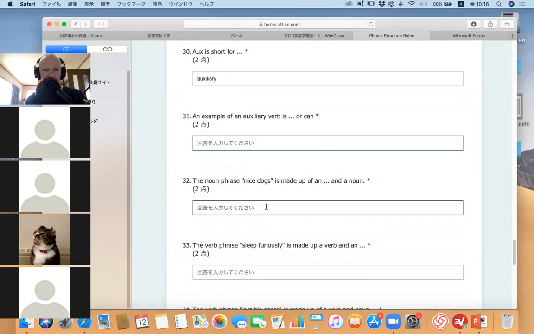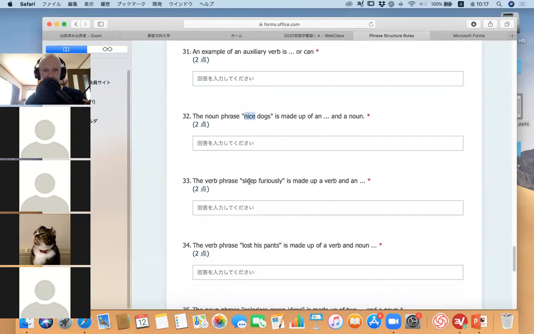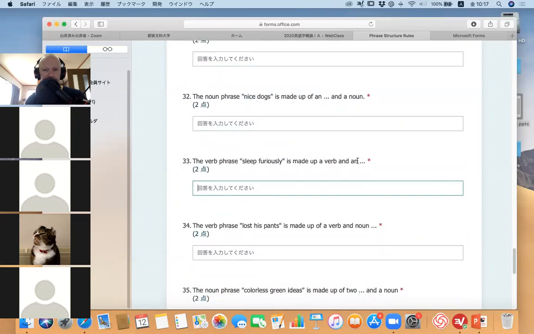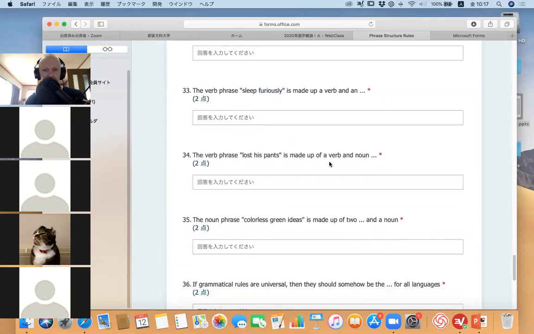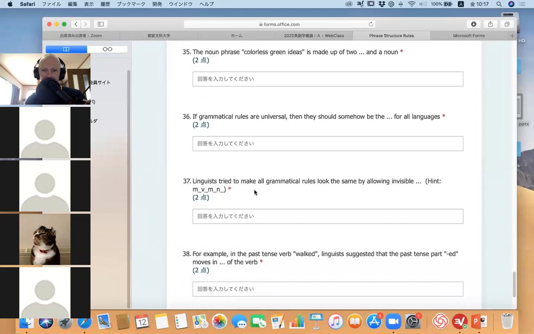The noun phrase nice dogs is made up of an adjective and a noun. I'm going to leave you with that. The verb phrase sleep furiously is made up of a verb and an adverb. The verb phrase lost his pants is made up of verb and a noun phrase. Should be easy, right? And I'm going to leave you with that.